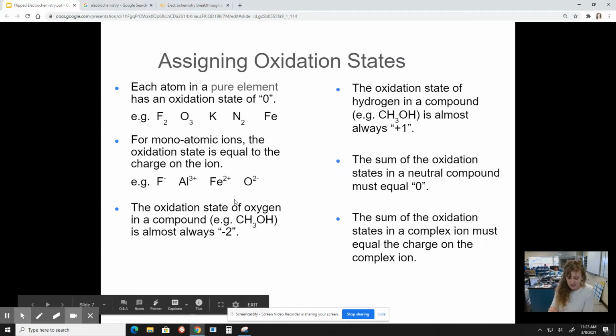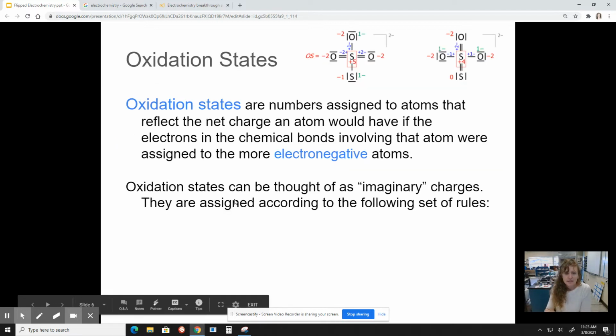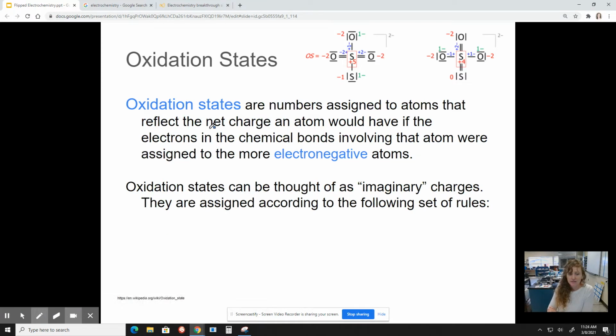Okay, so oxidation states. Sometimes oxidation states can be charges. That is possible. Remember, the whole purpose of tracking oxidation states is to be able to track where the electrons are coming from and going to.